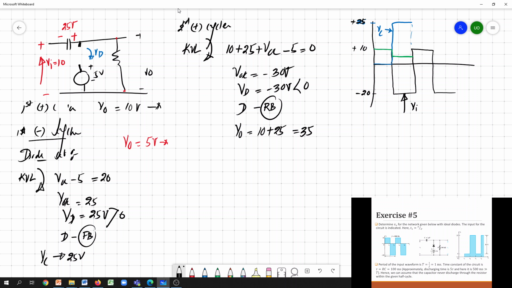So during the second positive cycle, the capacitor still remains at 25 volt and your output basically moves to 35. So this is basically 35 volt.